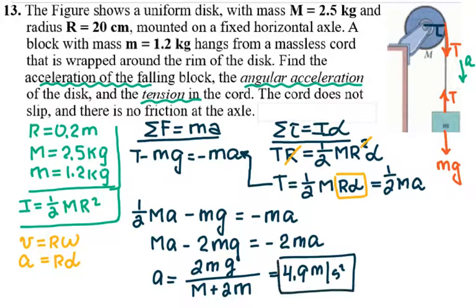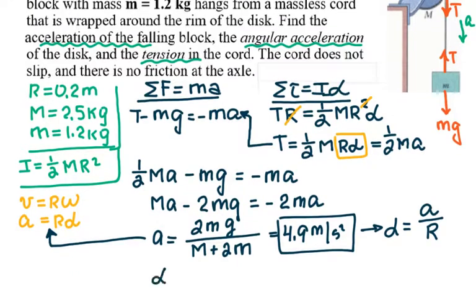After this, I can use this to find angular acceleration. Angular acceleration is equal to linear acceleration divided by r, and angular acceleration is going to be equal to 24.5 radians per second squared.